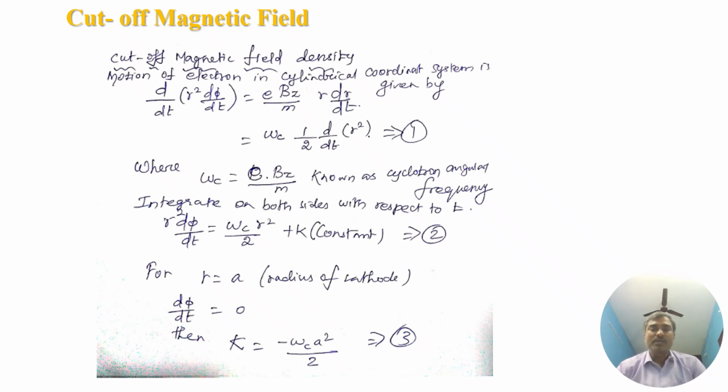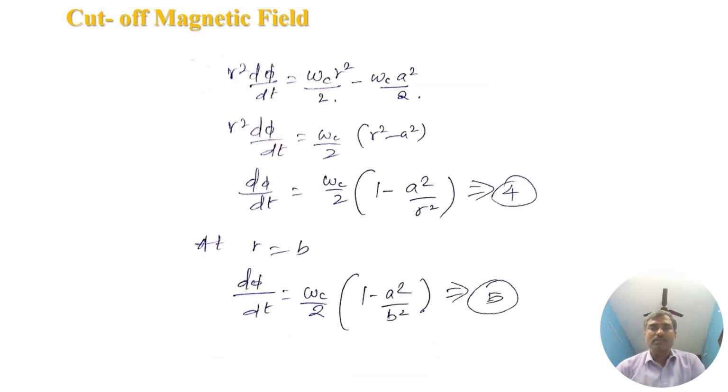By substituting this condition in equation 2, we get equation 3, k equal to minus ωc a²/2. By substituting equation 3 into equation 2, we get expression 4, which represents the motion of the electron in the cylindrical coordinate system.